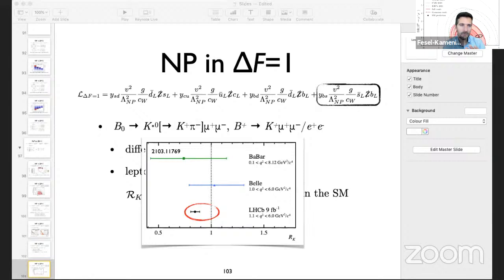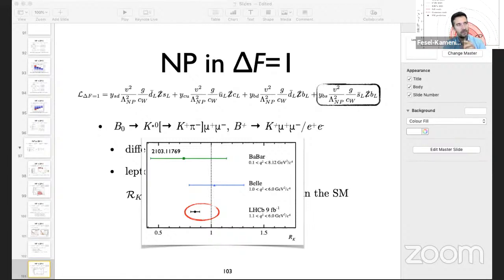There are also somewhat related, I mean, we don't know if they're related, apparent deviations in lepton flavor universality ratios of charged current mediated B decays. There, when one compares semileptonic B decays to light leptons, so muons or electrons, with those decays involving taus, there also seem to be deviations from the standard model predictions.